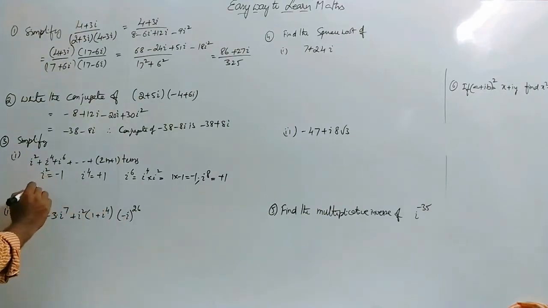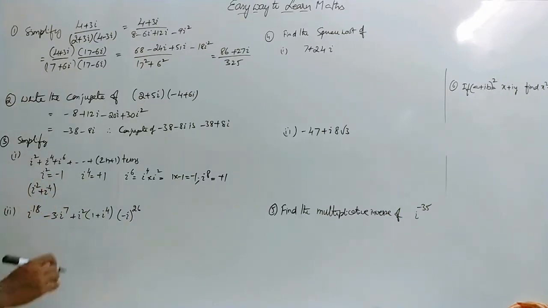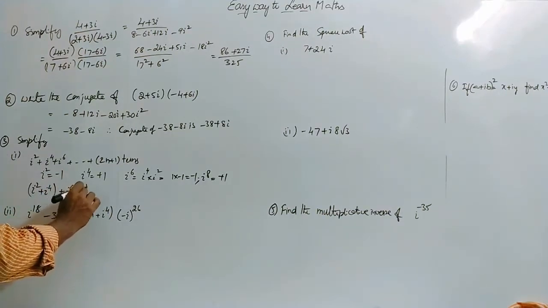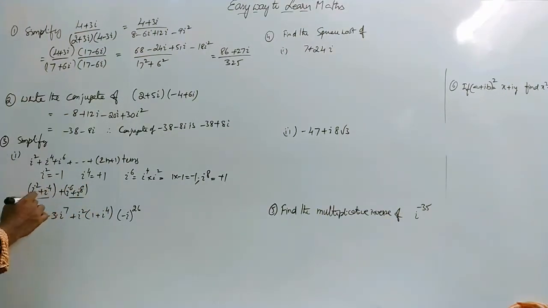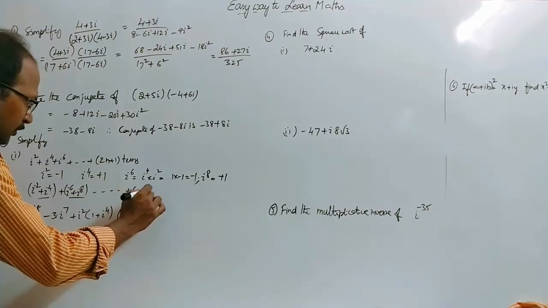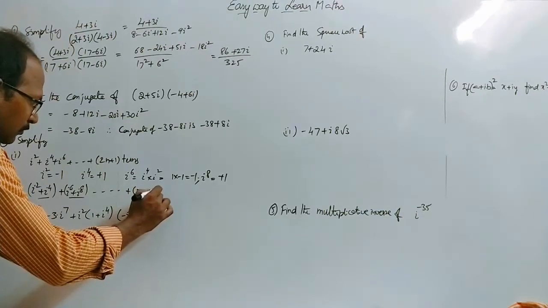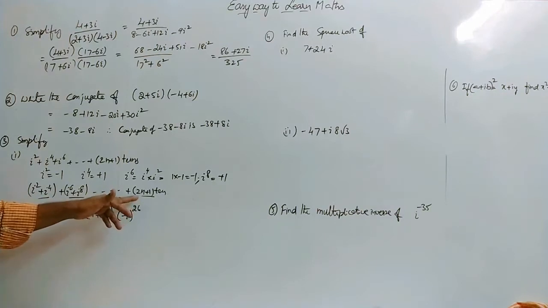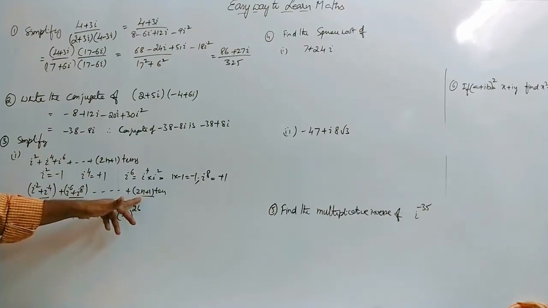Then let us solve i squared plus i power 4. Let us combine these two terms, plus then i power 6 plus i power 8. This is also one pair, and so on. Here we have to observe the last term is the 2n plus 1th term. That is, it is an odd term, so there is no pair for this last term. And so, the last term must be minus 1.